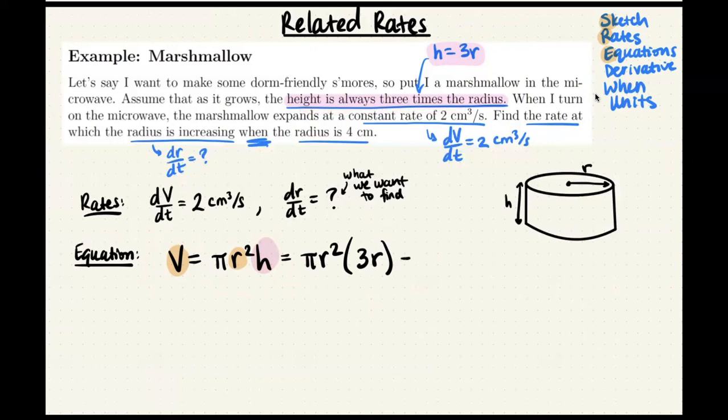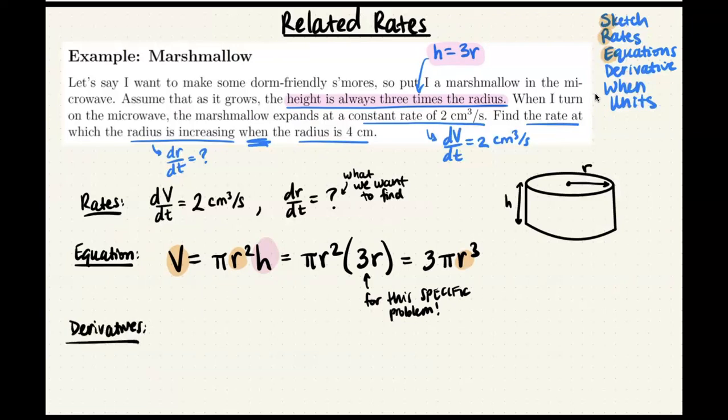So for this particular problem, the volume looks like this. This is not a rule that would be applied anywhere, just right now. Now I have volume in terms of radius, and I can go ahead and think about taking my derivatives.